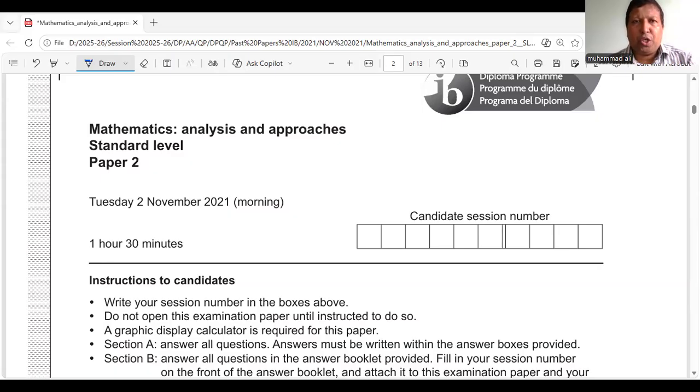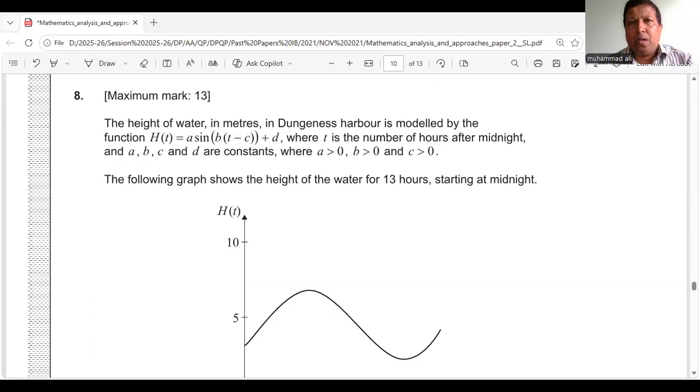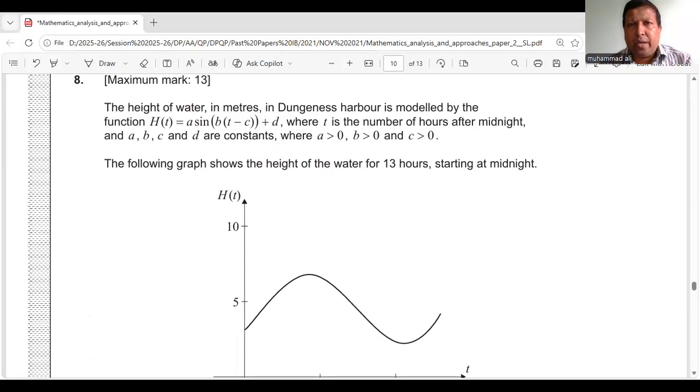Today we try to solve one question from Mathematics, Analysis and Approaches, Standard Level, Paper 2, November 2021. Question number 8. The height of water in meters in Dungeness Harbor is modeled by the function h(t) = a sin(b(t − c)) + d, where t is the number of hours after midnight.